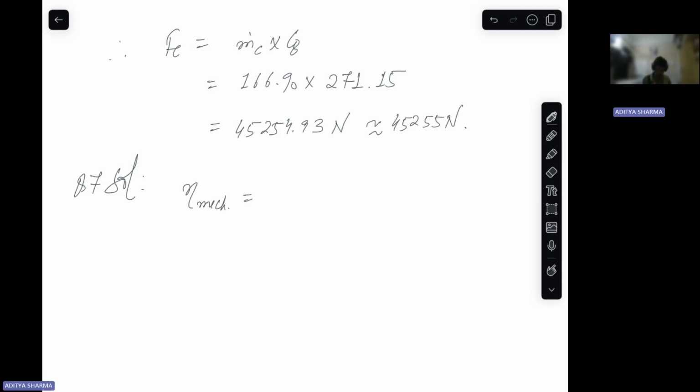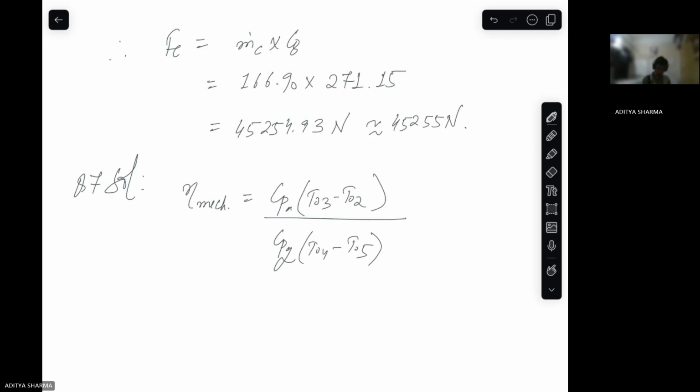Mechanical transmission. 2 to 3 is your compressor, 4 to 5 is your high pressure turbine. So from here you can deduce T05.